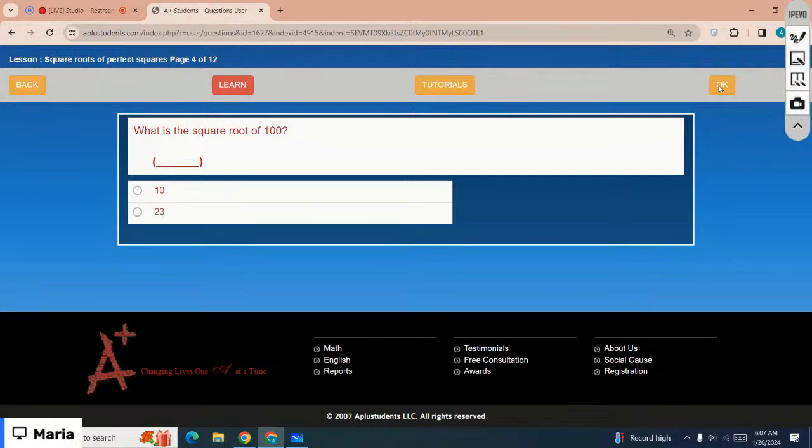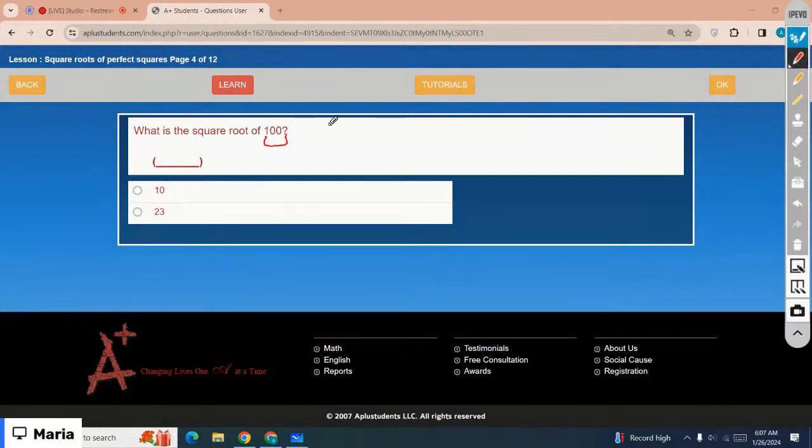Basically square and square root are two opposite terms, right? You have 100 here. You can write 100 as 10 times 10. You need to calculate the square root of 100. You can write it as 10 times 10, and 10 times 10 is 100. So it is like 10 squared. Square and square root cancel out each other, so you are left with 10. 10 squared equals 100, and the square root of 100 equals 10.